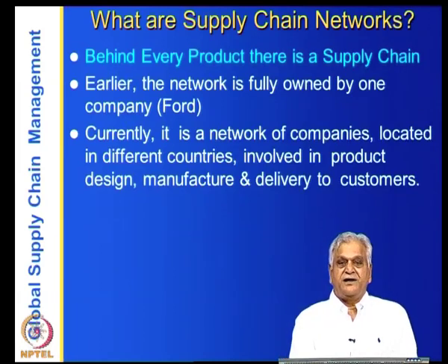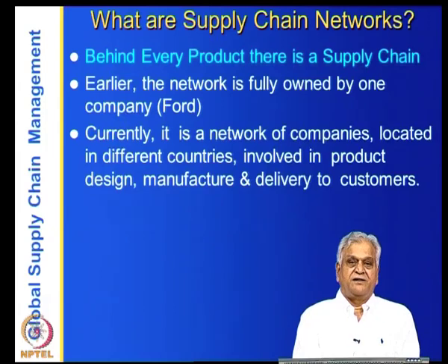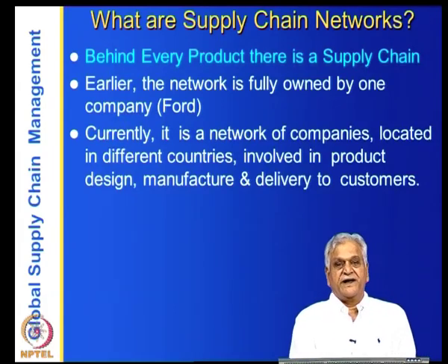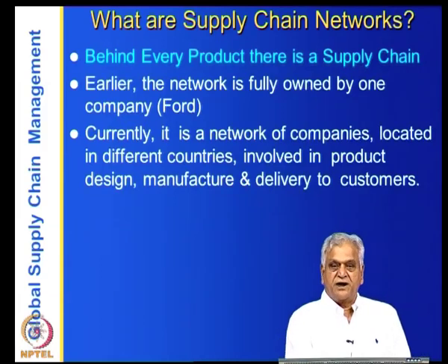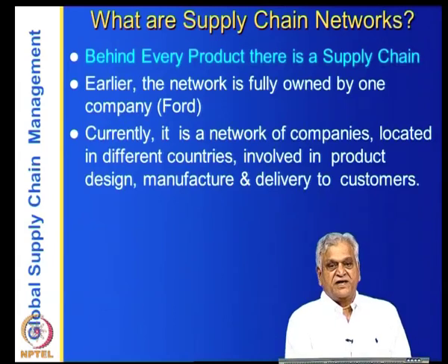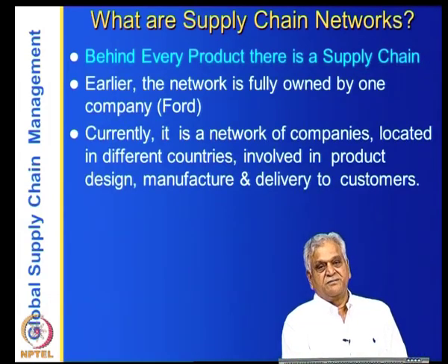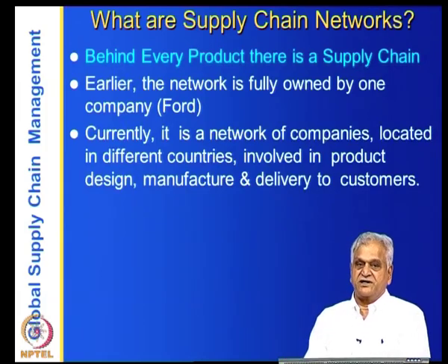But currently, the supply chain is not owned by one single person, but it is a network of companies. But these companies need not have to be in the same country, need not have to be speaking the same language, but they are all involved in the product design, manufacture, and delivery to the customers.